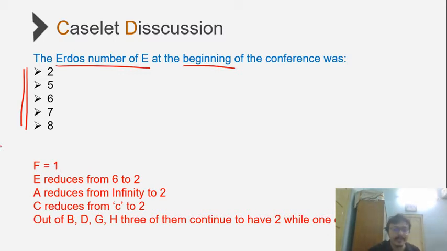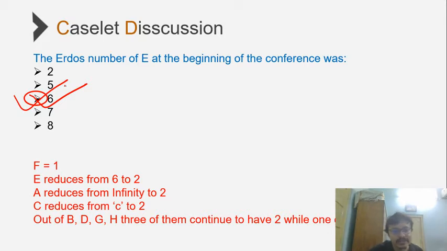So E at the beginning of the conference was 6. It reduced to 2. Hence the answer will be option C, that is 6.